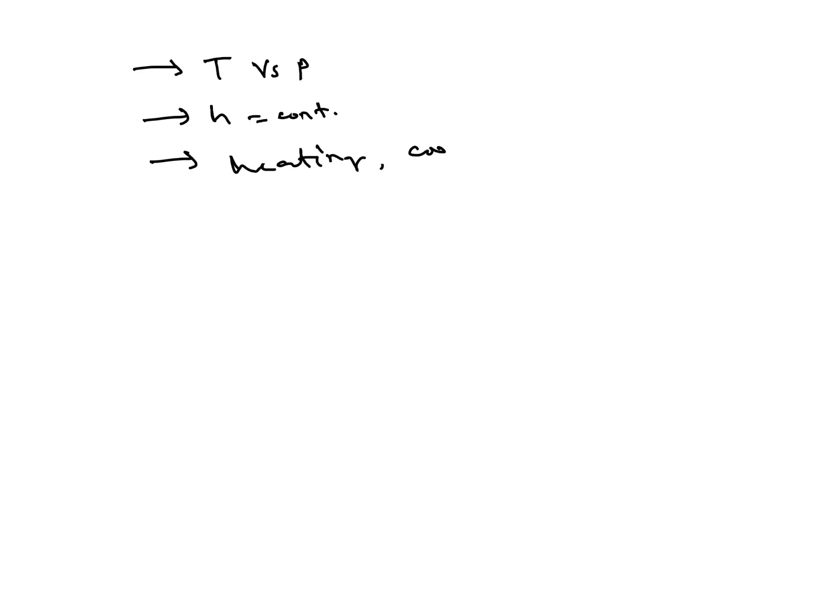There mu value greater than 1 or less than 1 or mu equal to 0. 3 values you have to remember. Cooling mu is greater than 1, heating mu is less than 1. And that pH curve, pressure versus enthalpy curve. So many times it was asked in IES, ISRO, for other exam also.